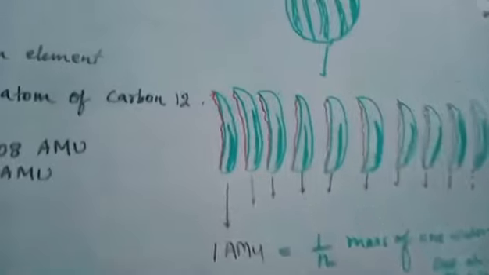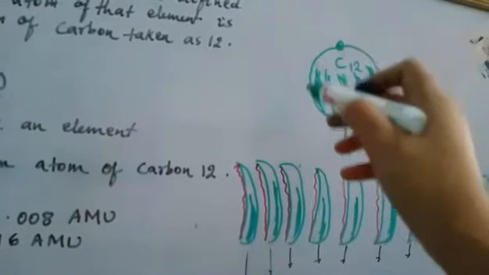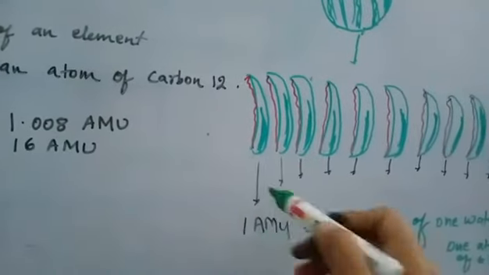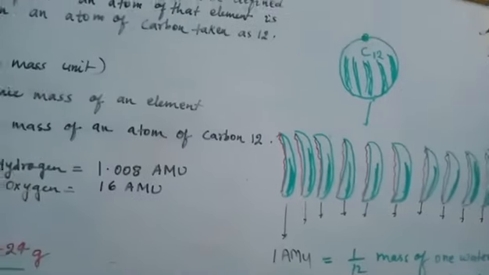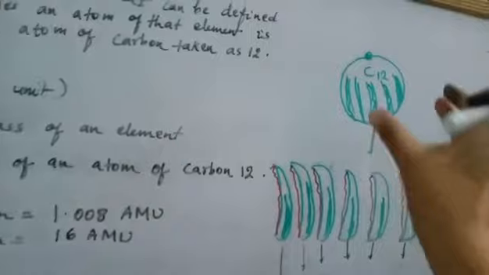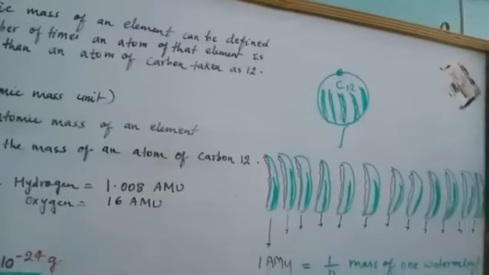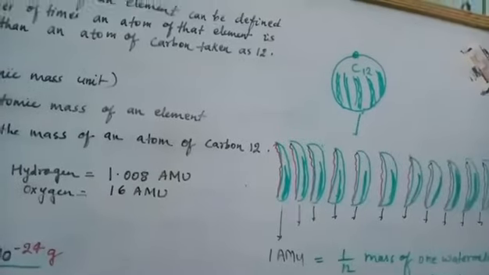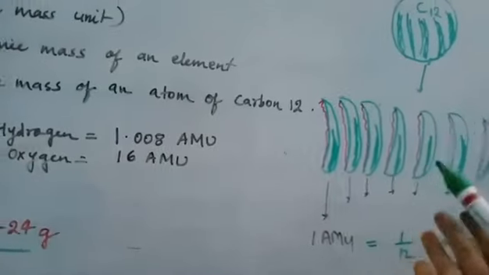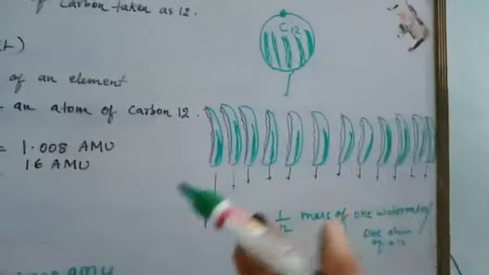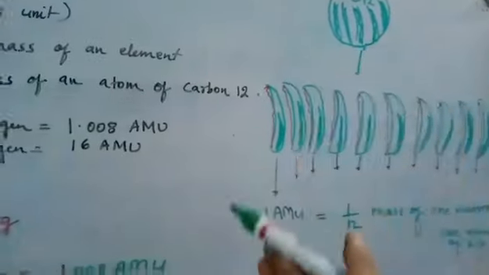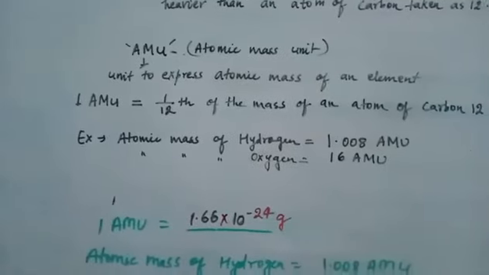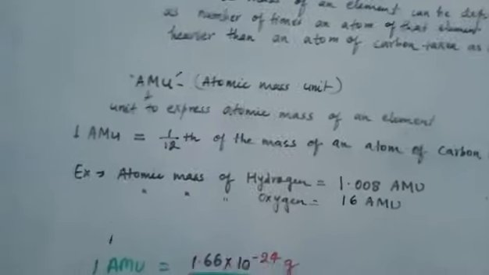If you divide one atom of carbon 12, as the watermelon, into 12 equal parts, then each part is 1 AMU. The atom is so tiny and its mass is so small, but if you cut it into 12 equal parts, each part is 1 AMU. From that we can predict the atomic mass of other elements.